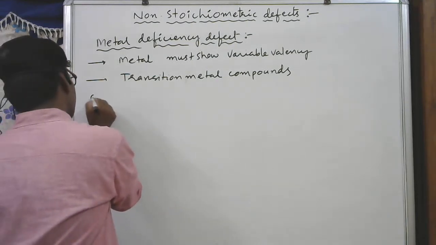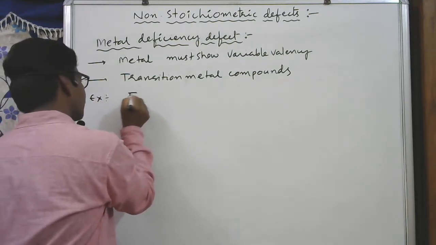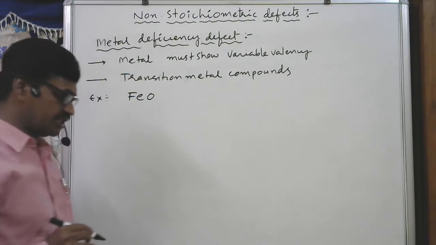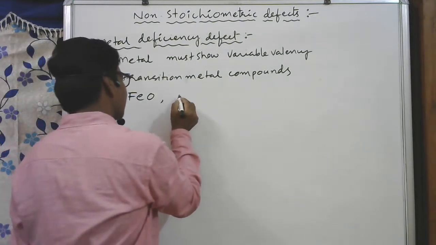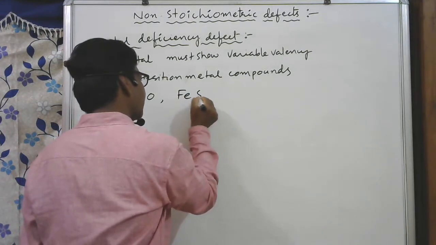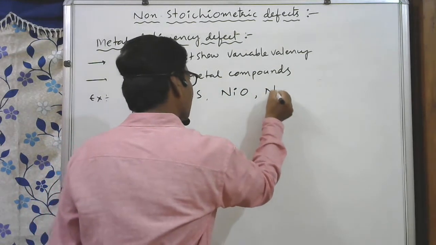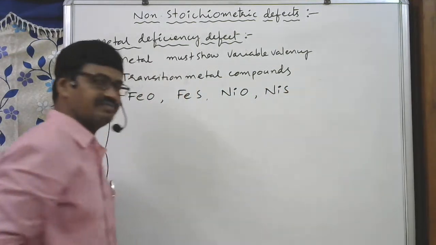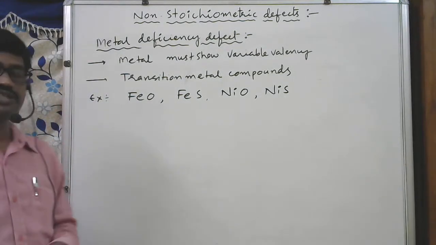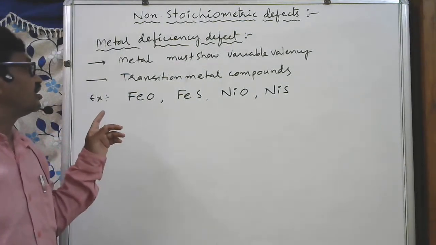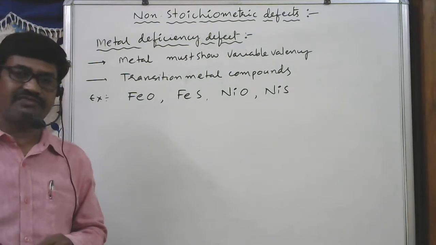See here, I am taking this example: iron oxide, ferrous oxide, we can take. Then ferrous sulfide we can take, or nickel oxide, nickel sulfide also we can take. These are the general examples for metal deficiency defect.